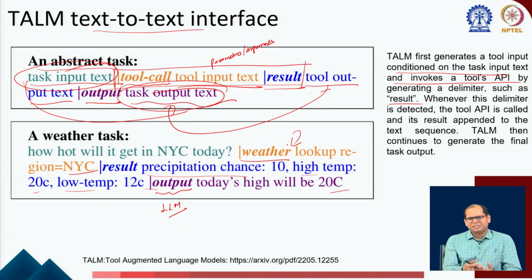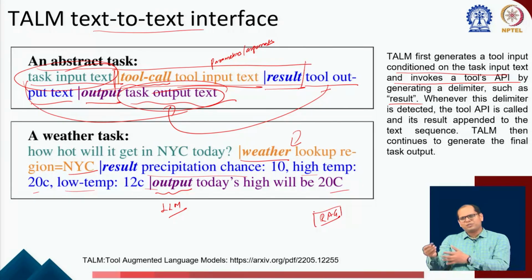I see it is not too difficult, but it is very important in terms of the functionality of language models, that you can actually call various tools, get the tool outputs, and use that to generate your output. It has some similarity to how you do, say, retrieval augmented generation. You retrieve certain things based on your query and use that to do your final generation. So, now you are retrieving from an external tool here.